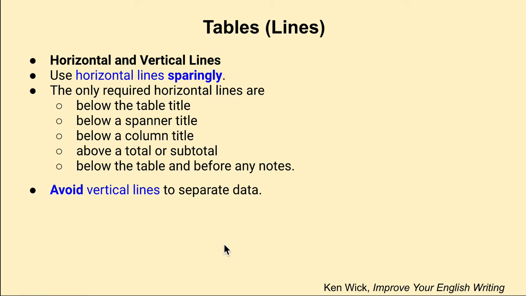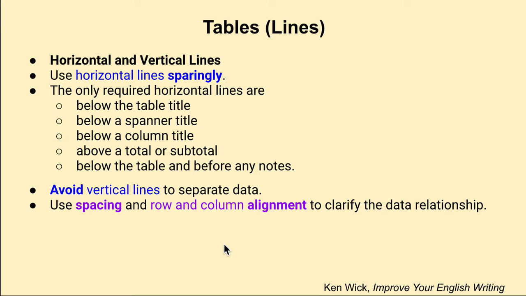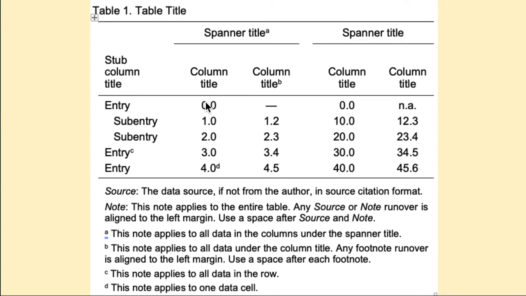Avoid vertical lines to separate data. Use spacing and row and column alignment to clarify the data relationship. You can easily tell that you don't need vertical lines here because it's quite clear from the spacing and the alignment that this data here is one set of data.